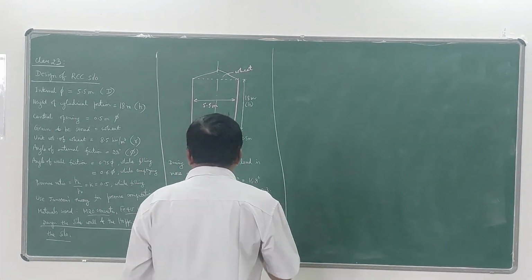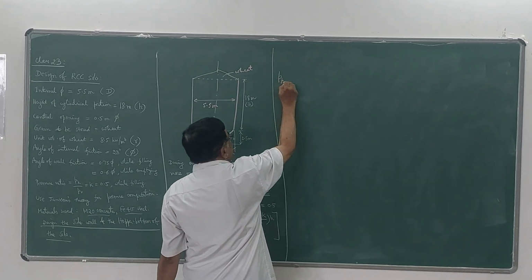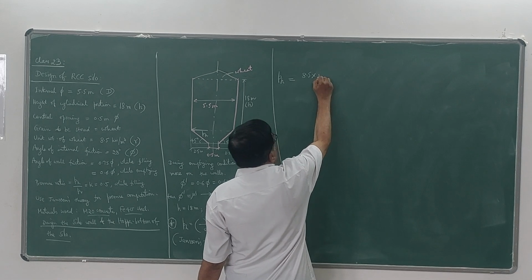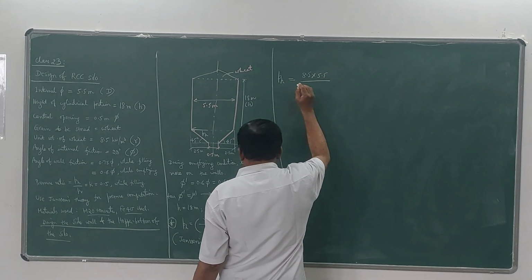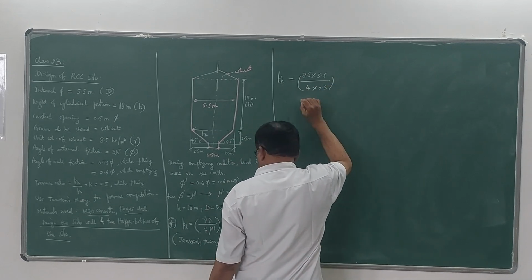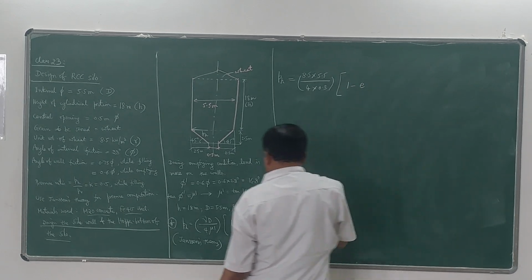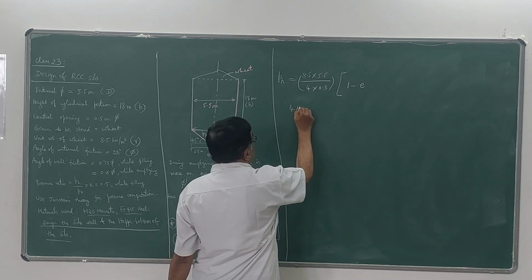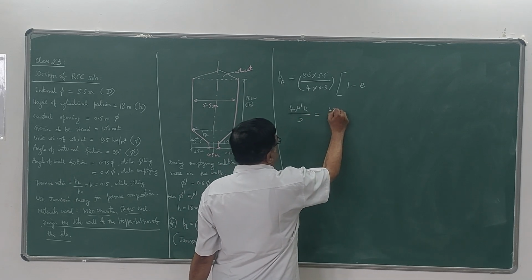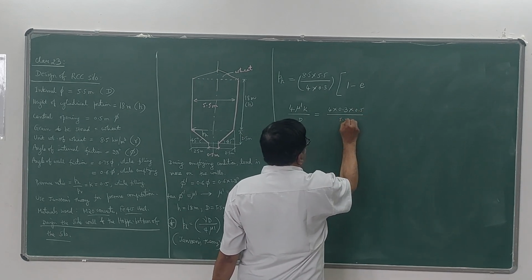So pH will be given, at this level, at the bottom of the cylindrical portion, pH is equal to gamma, 8.5, into D, 5.5, divided by 4 into mu dash, 0.3, this into 1 minus e to the power of, so we can calculate this separately, minus 4 times mu dash K by D, which will be 4 into 0.3 into K, 0.5, divided by 5.5.